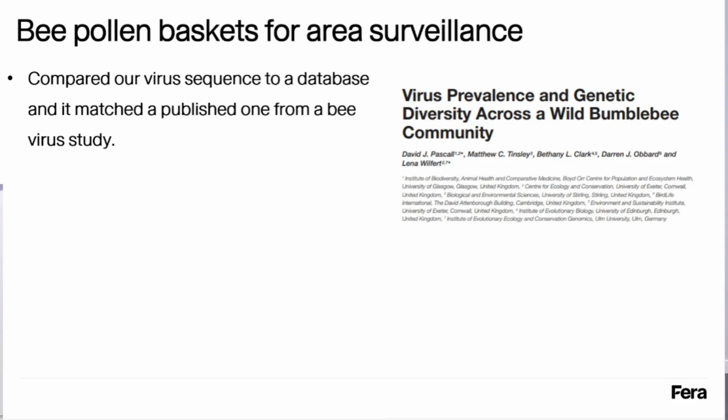And through this, we got a match to a previously published sequence. This sequence came from a paper looking at bee-infecting viruses in Scotland. Now, our virus is a plant virus, we didn't think it was in bees. What we thought was that actually the virus in the tree got into the pollen, and when the bee's been going around collecting pollen, it's picked it up alongside, and that's where the sequence has come from.